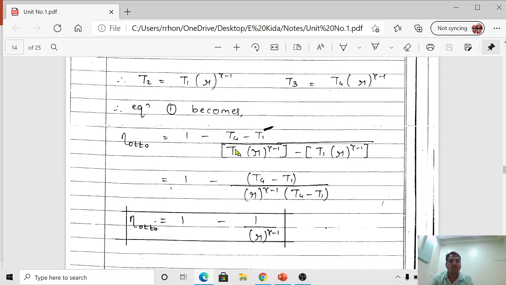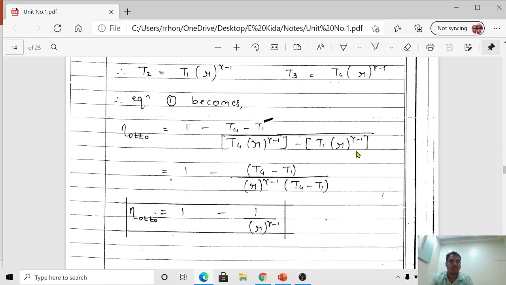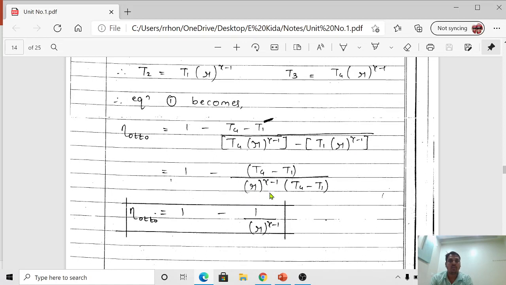We got T4 minus T1 divided by T4 into R raised to gamma minus 1 minus T1 into R raised to gamma minus 1. After further simplification, we can write 1 minus T4 minus T1 divided by R raised to gamma minus 1, which is a common term, into T4 minus T1.